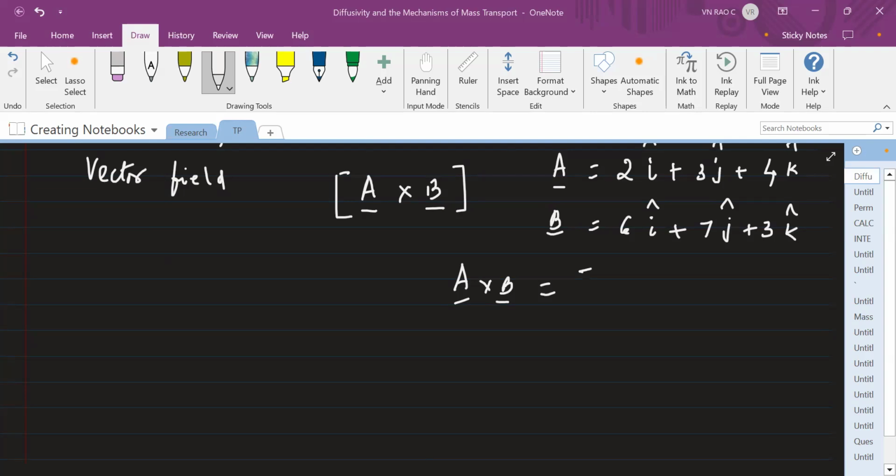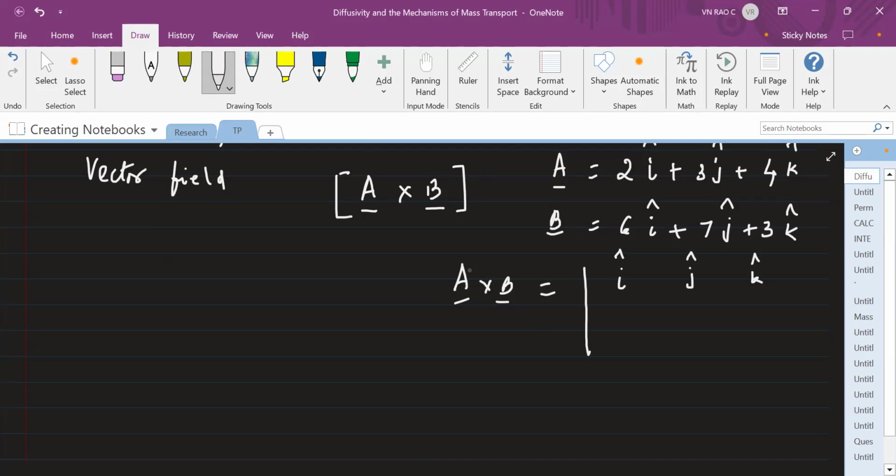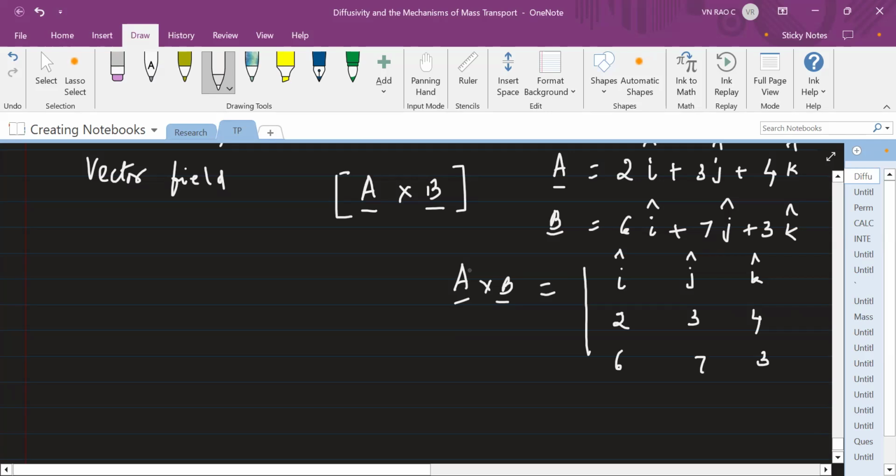The resultant vector should be the determinant of i cap, j cap, and k cap. The first vector, what are the positions? 2, 3, 4. Second vector, 6, 7, 3.